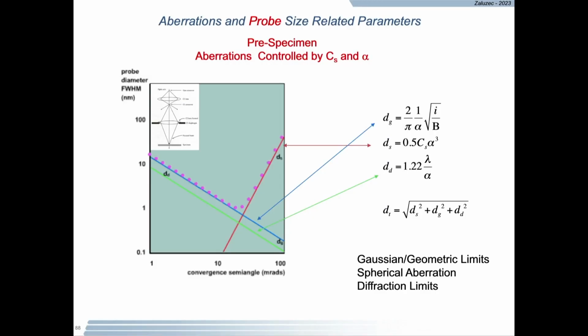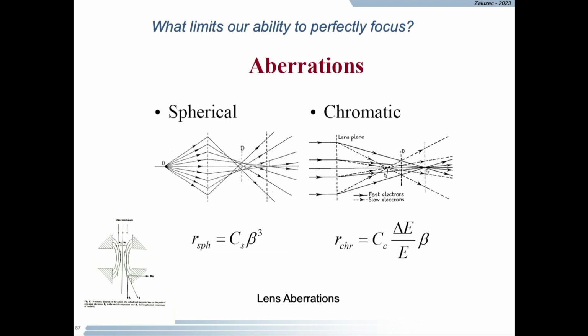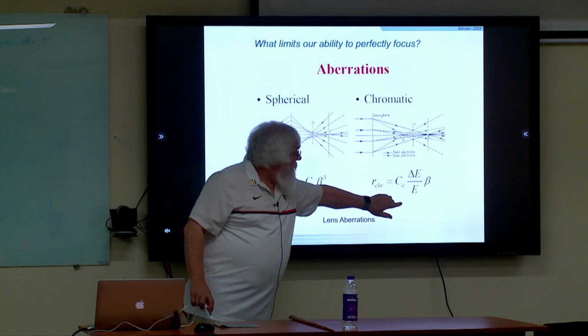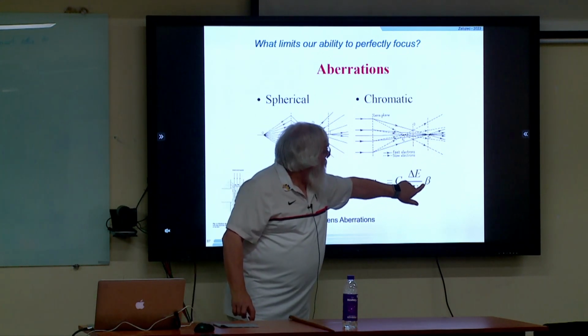Okay, so overall, when we look at aberrations of a lens, aberrations are related to the convergence angle that we just talked about, right? The angles of the beam. Notice the angle either coming in or it's related to the angle back here. So we've got two angles.